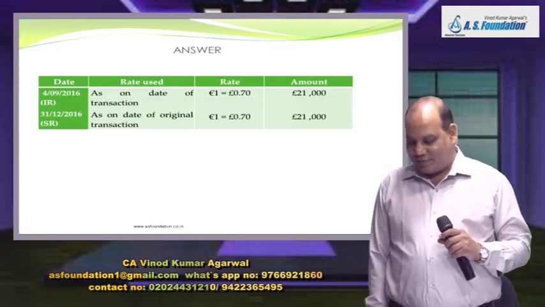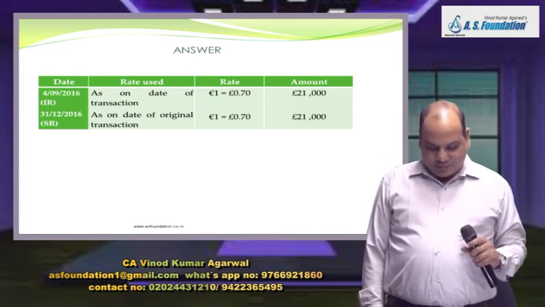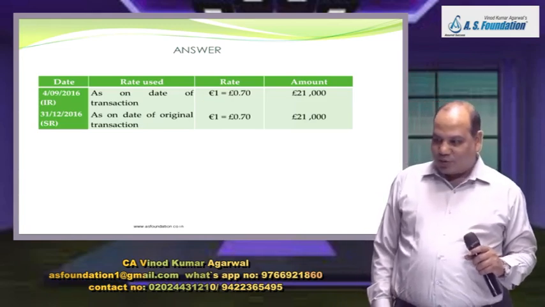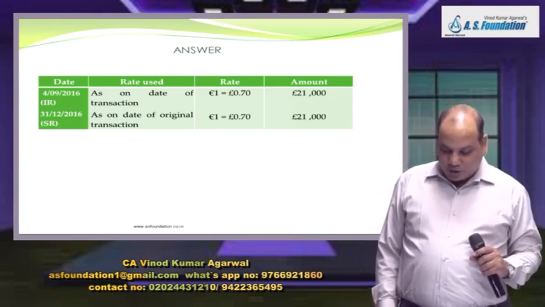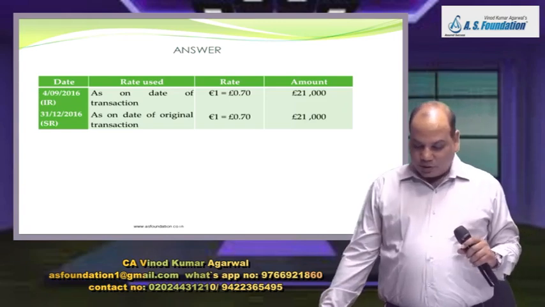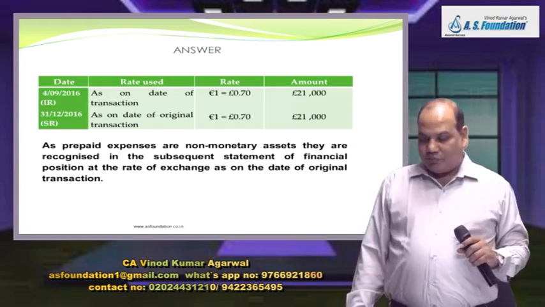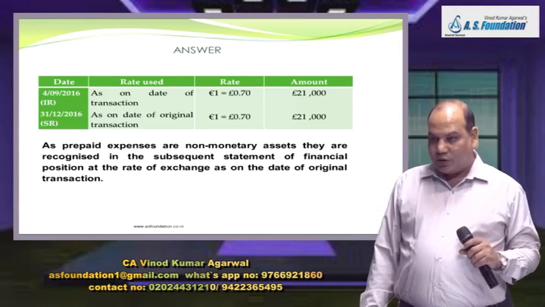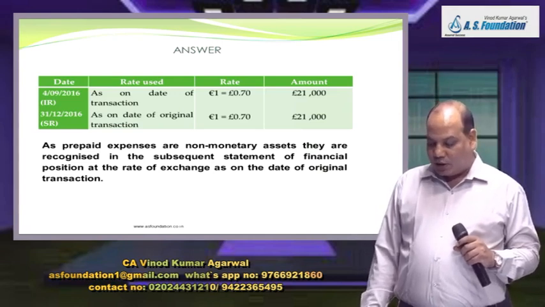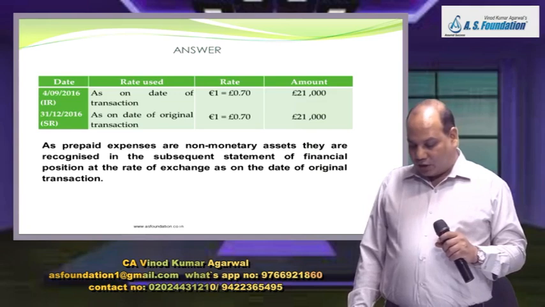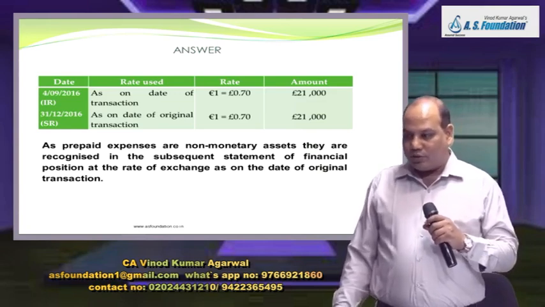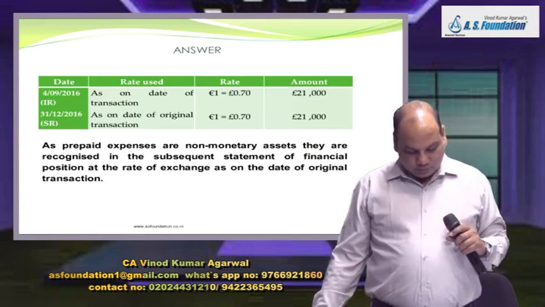Is it right? So the answer is the same. And there is a note also given. You should have read the note. As the prepaid expenses are non-monetary assets, they are recognized in the subsequent statement of financial position at the rate of exchange as on the date of the original transaction.